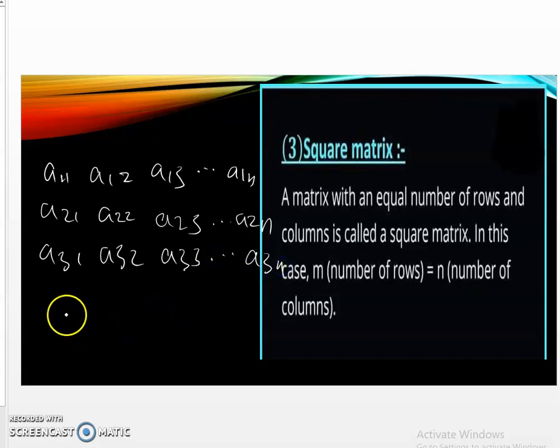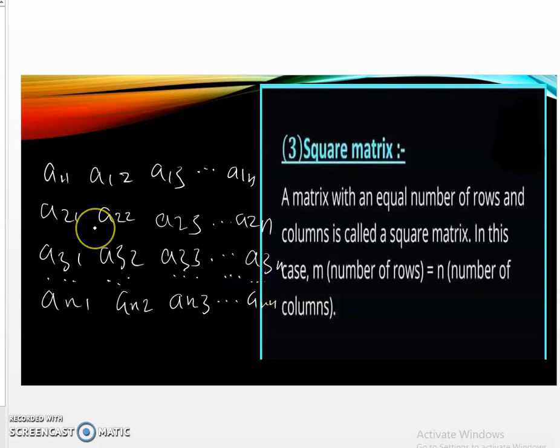We have An1, An2, An3, up to Ann. Of course, before we have An1, maybe we have other elements or entries in between. So this is what we call a square matrix, because the number of rows is equal to the number of columns.